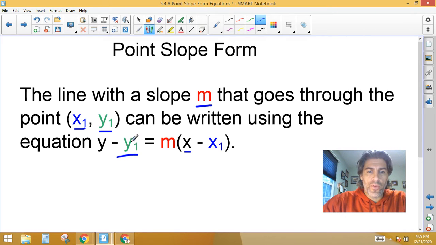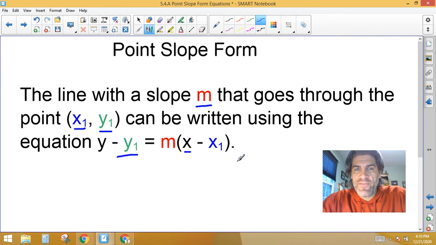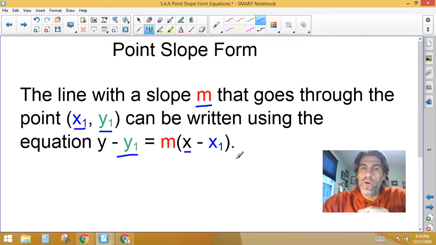So point-slope does have a y and an x, just like slope-intercept, but it's y minus the y value equals m times x minus my x value. You're going to want to write that down.